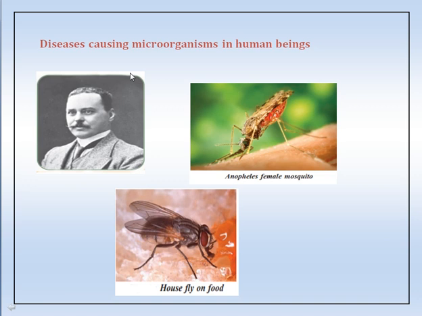For this discovery, Dr. Ronald Ross got the Nobel Prize in 1902. He discovered it in Secunderabad. For the full story of the discovery of Ross, refer to the annexure.